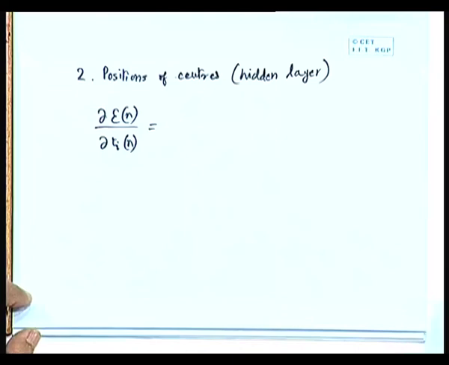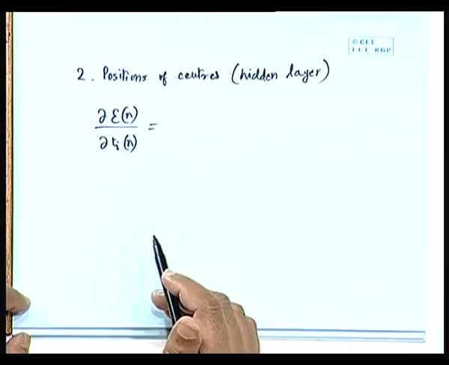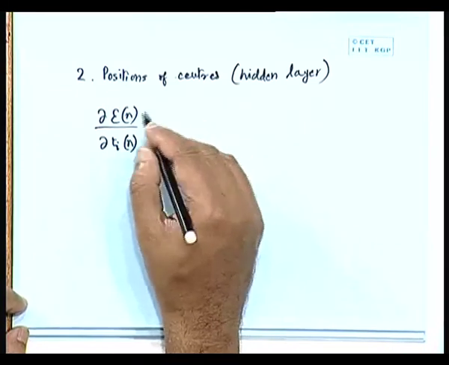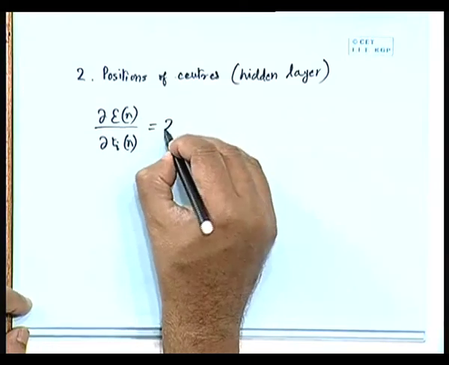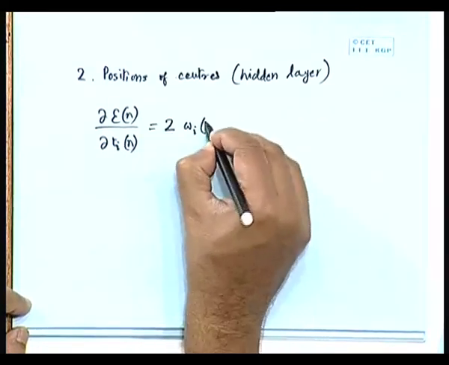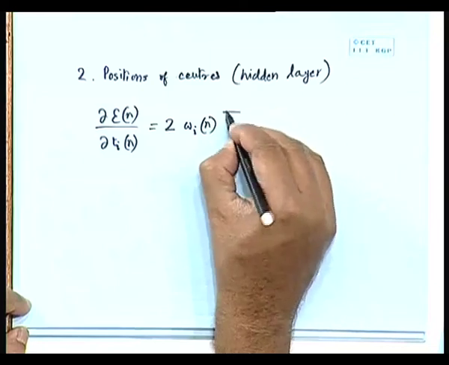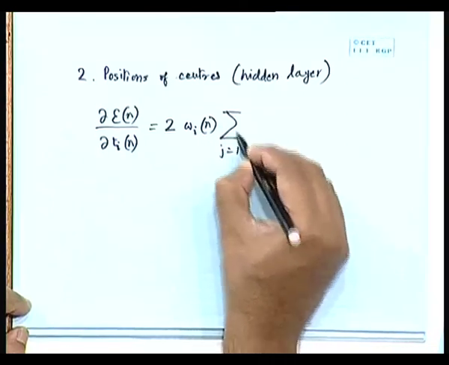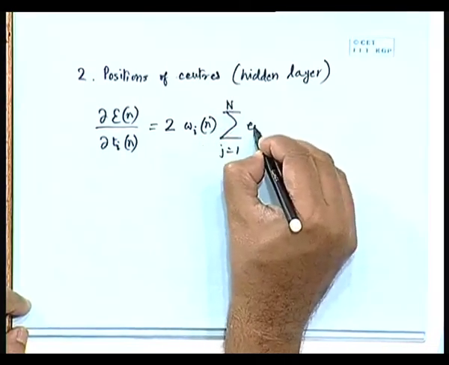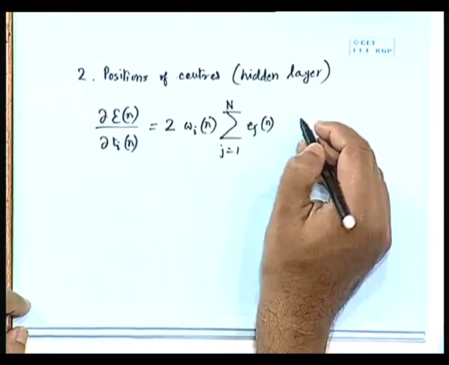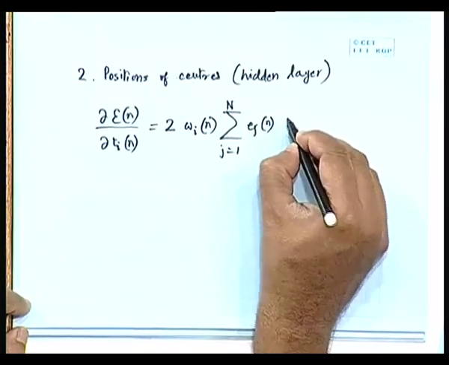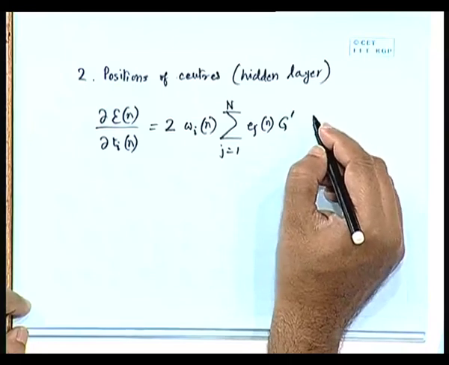And here the derivative that we will be obtaining with respect to T_i is 2 times W_i(n), summation over j equal to 1 to N, E_j(n), and this time what we are getting is the derivative of this g function.